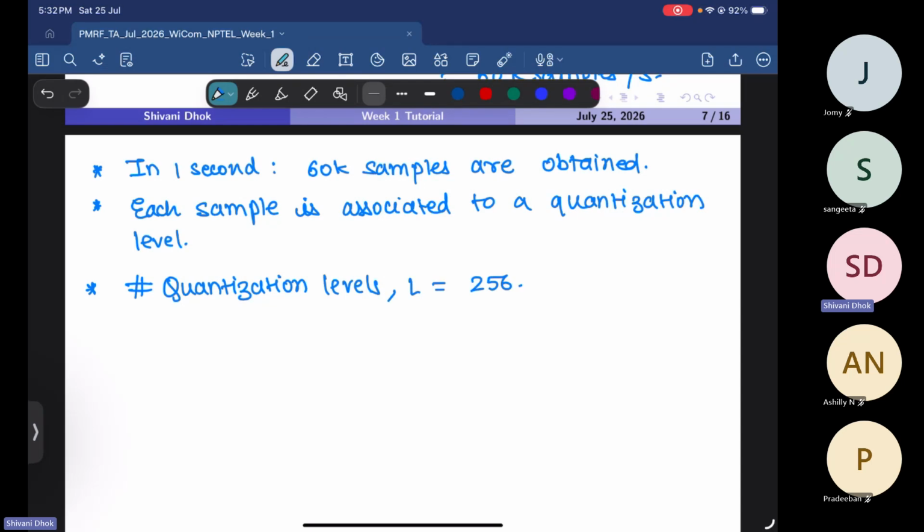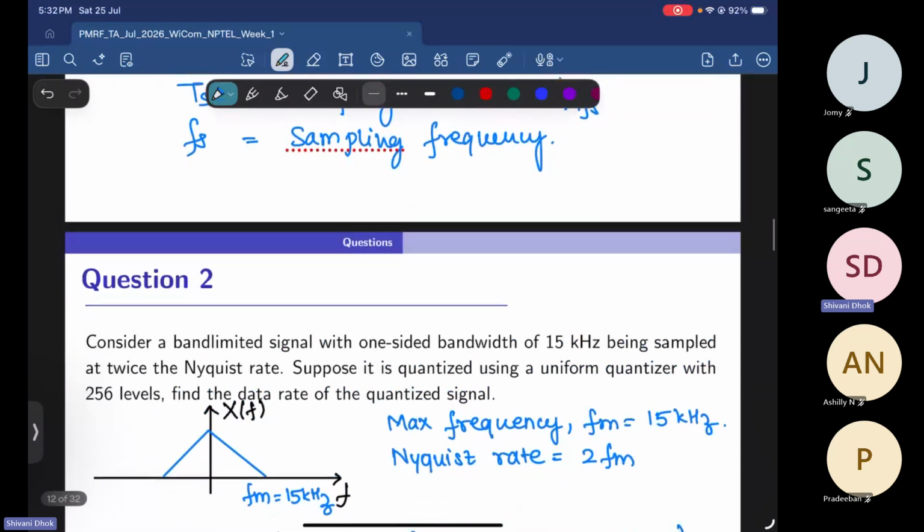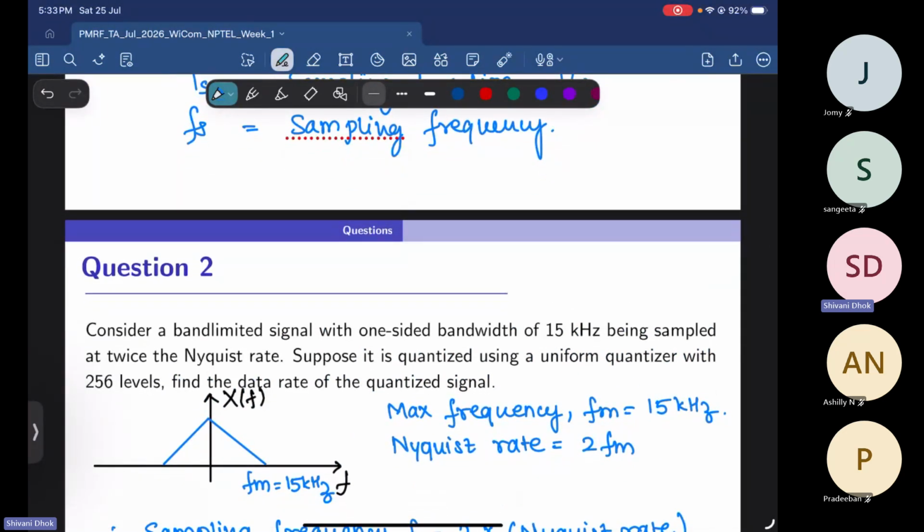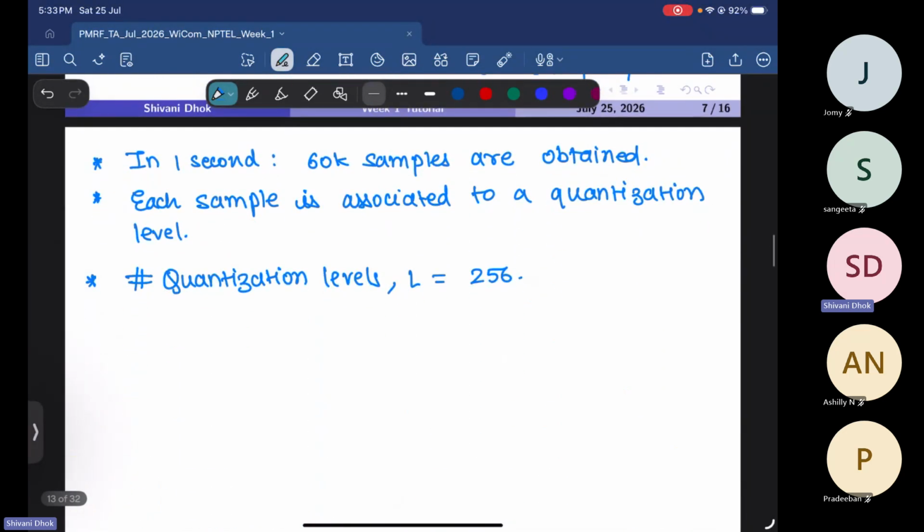Then we are asked to find the data rate of this quantized signal. Data rate is generally in kilobits per second, megabits per second, or kilobytes or megabytes per second, and so on. Which means that we first need to understand how we associate the number of quantization levels to the number of bits used to represent them.